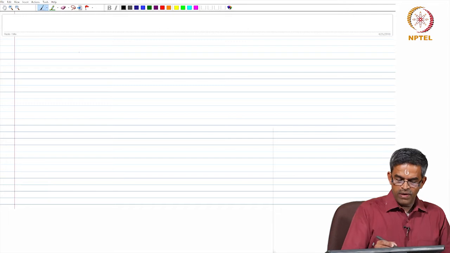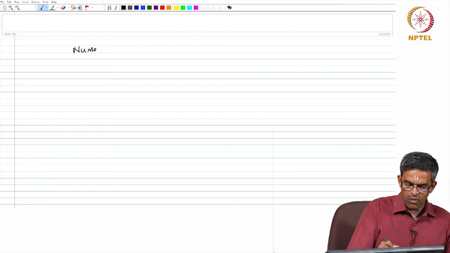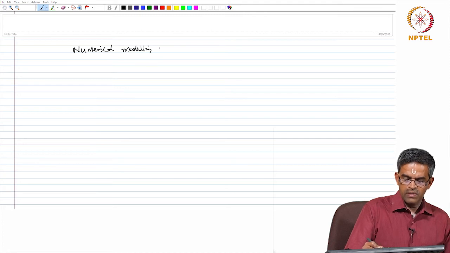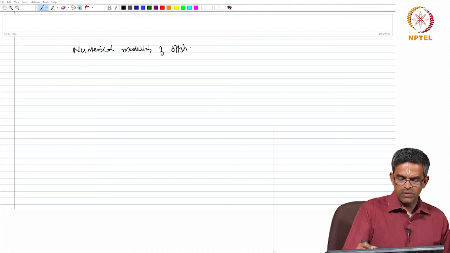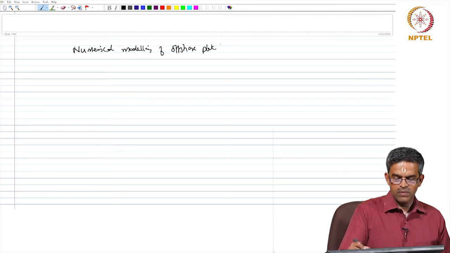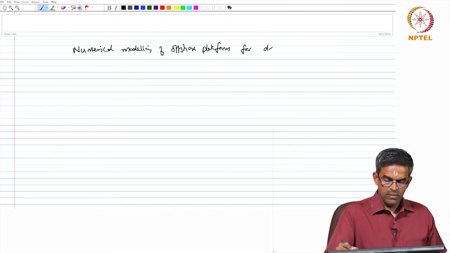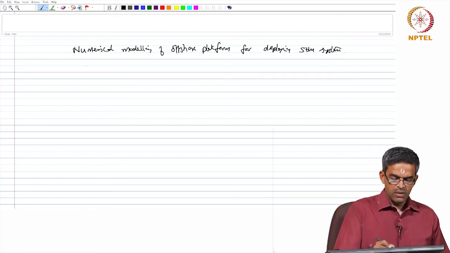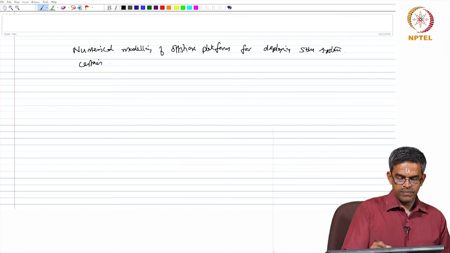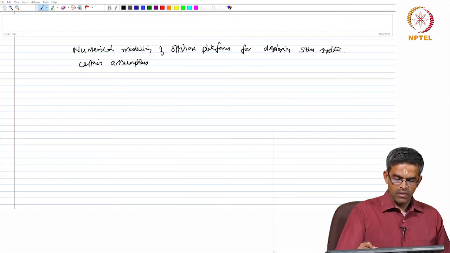Essentially, when we are interested in focusing on numerical modeling, which is required in certain cases of offshore platforms, for deploying structural health monitoring systems, certain assumptions are made. And approximations are adopted.